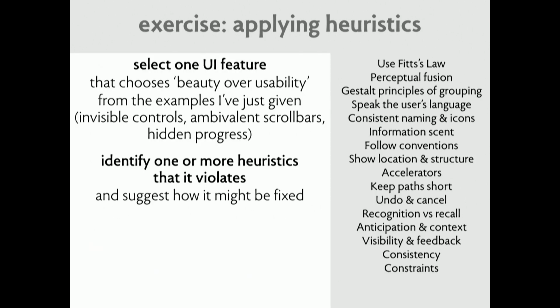So here's what I'd like you to do. I'd like you just to pick one of these features, invisible controls, ambivalent scroll bars, or the hidden progress thing, which one could argue promote beauty over usability. And I'd like you to just pick one or more of those heuristics and explain what's wrong with it using the heuristics. Does that make sense?